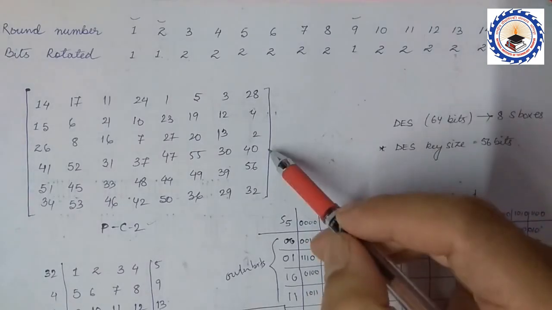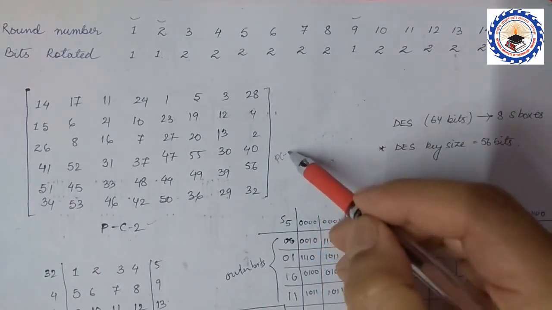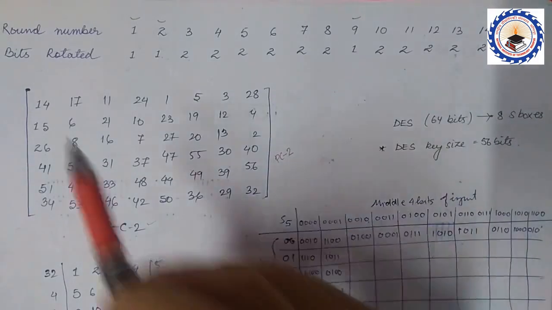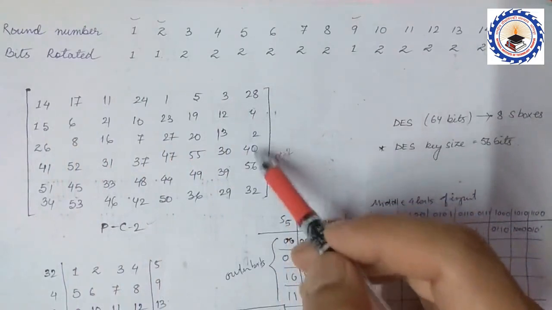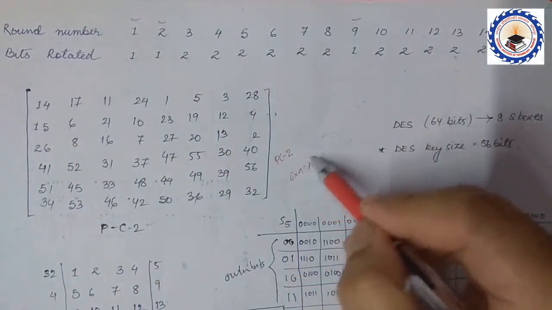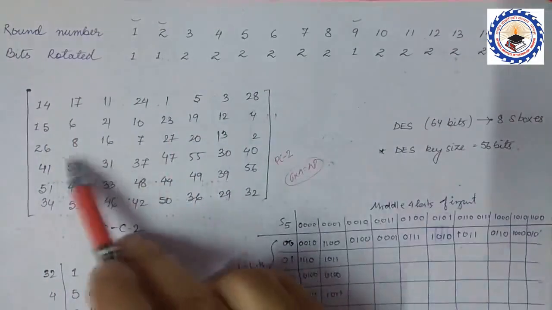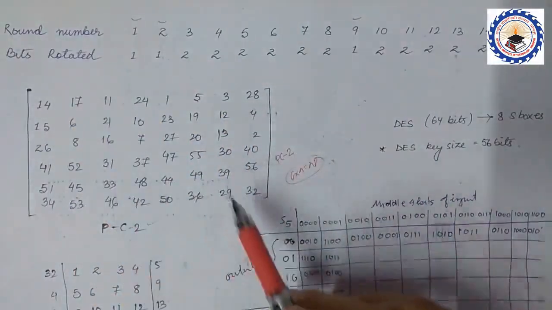So this is the compression box, what I told you as permuted choice 2 here. If you look at this one, 1, 2, 3, 4, 5, 6, 7, 8, 1, 2, 3, 4, 5, 6 here, 6 times 8 is 48. So only these 48 are the positions of the bits we have to use here.